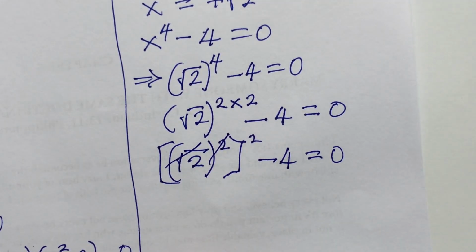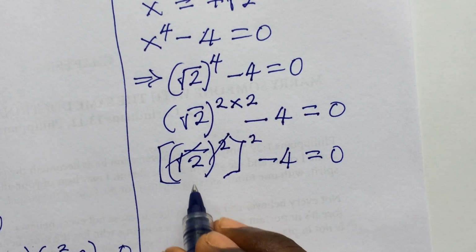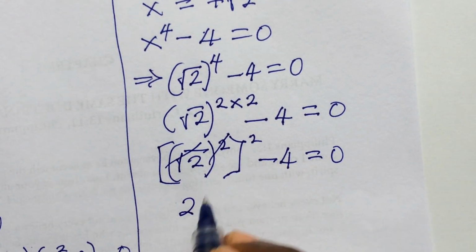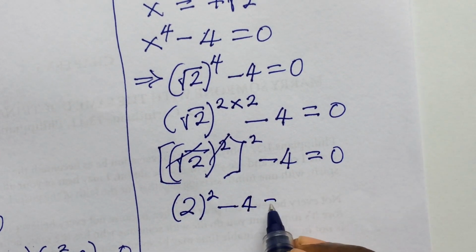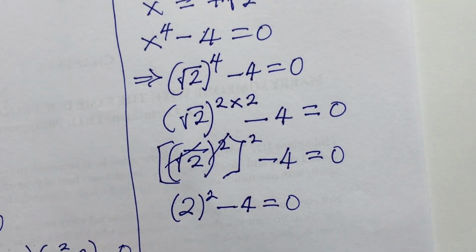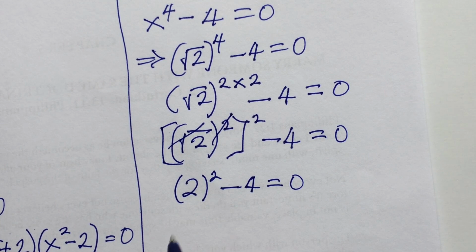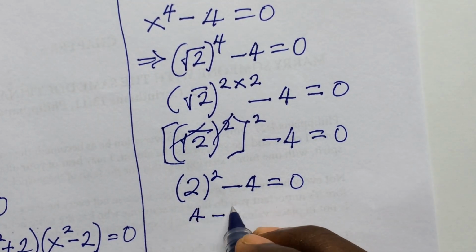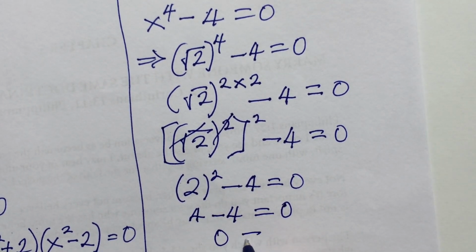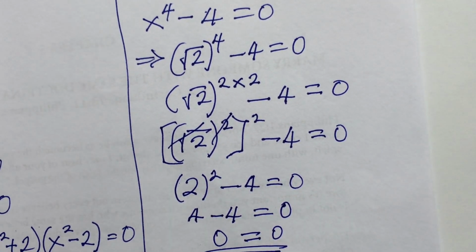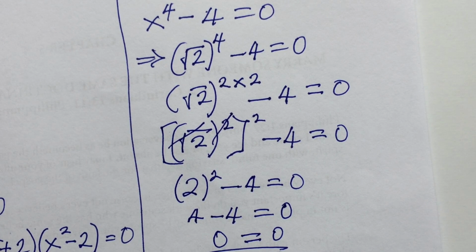This will go with this, so I'm left with 2 in here. So I'm going to have 2 into this 2 up here, minus 4 equal to 0. And 2 raised to power 2 will give us 4. So we have 4 minus 4 equal to 0. So 4 minus 4 will give us 0. This equal to 0 shows that the first real positive root is correct.